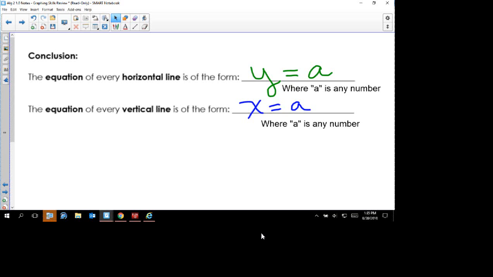Your assignment is a worksheet, really similar to what we did. This is your time to see if you understood. If you didn't understand, you should ask a question.